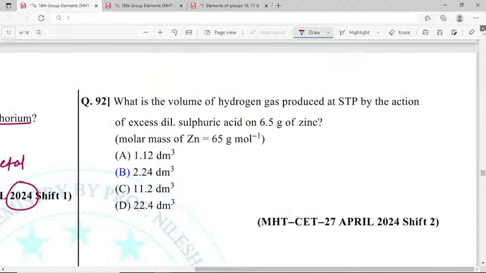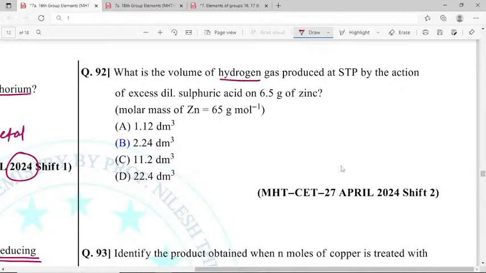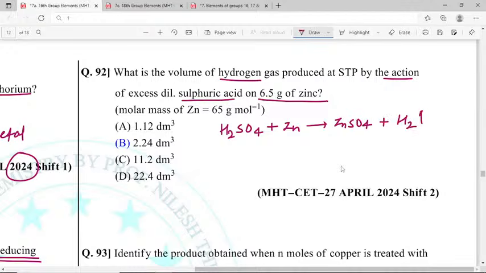Same question, numerical, I think we can solve it. What is the volume of hydrogen gas produced at STP by the action of H2SO4 on 6.5 gram of zinc? So when H2SO4 reacts with zinc, it gives zinc sulfate plus hydrogen gas. Zinc 65 gram, so 6.5 gram is 0.1 mole.